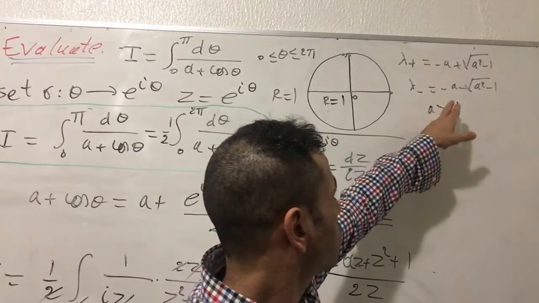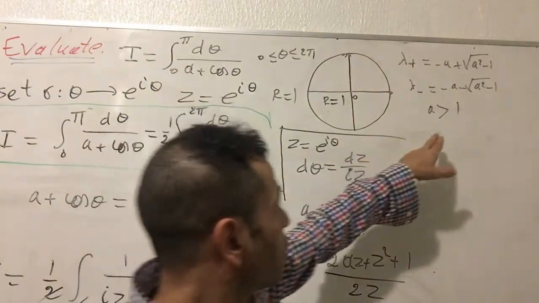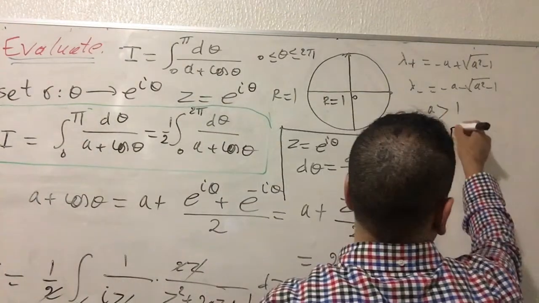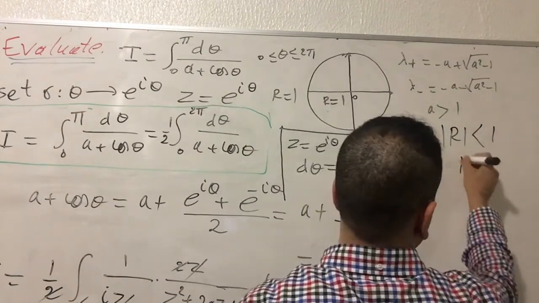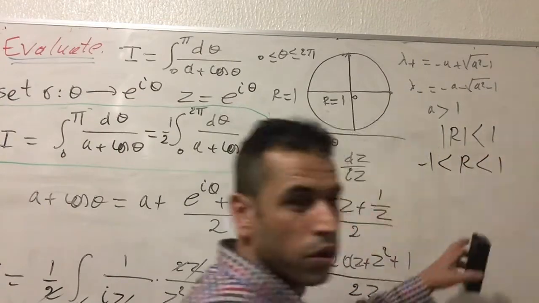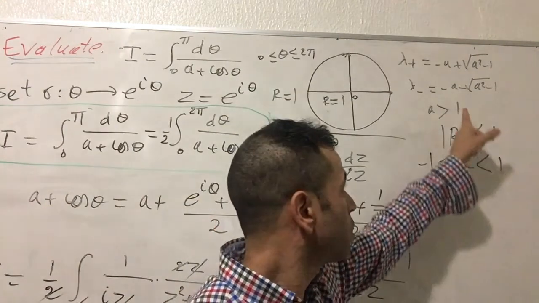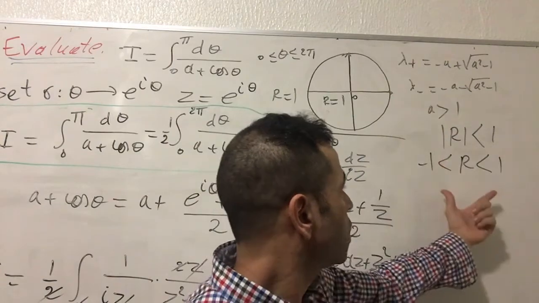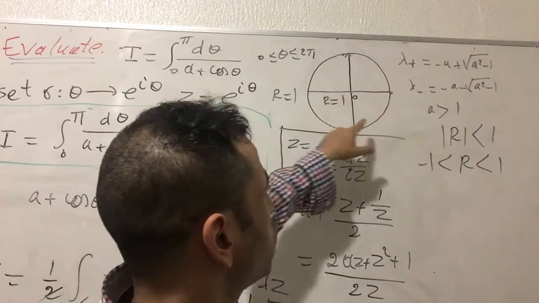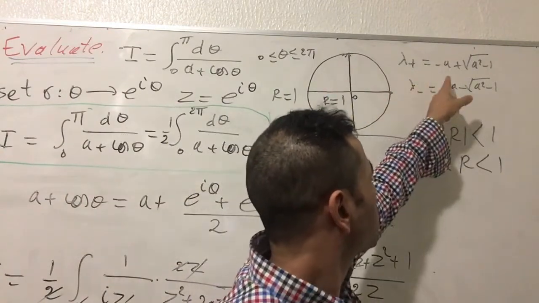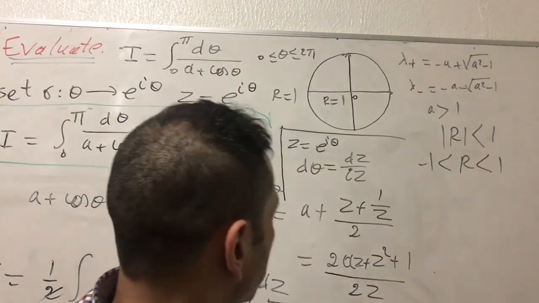If you take a look at this term, which has minus, this is outside the unit circle, because r must be less than or equal to 1, that means r is between -1 and 1. So this pole lambda minus is out of this range, out of this radius. So the only pole inside the unit circle is the first one, minus a plus the square root of a squared minus 1, which is located in this range. So I'm taking only one pole.